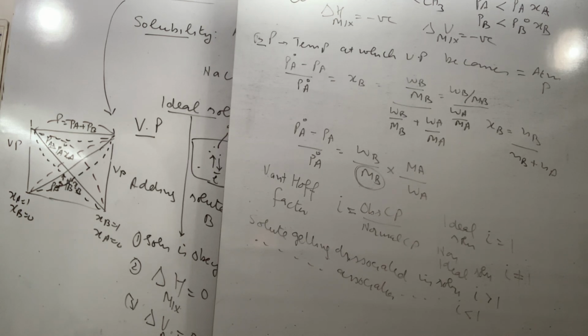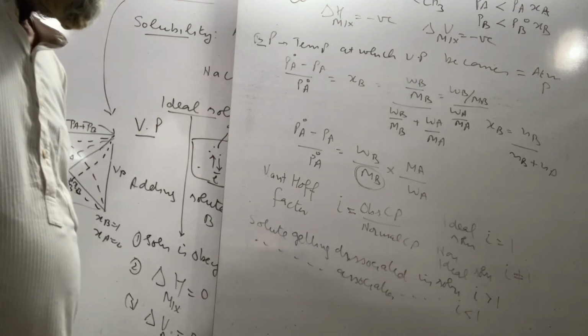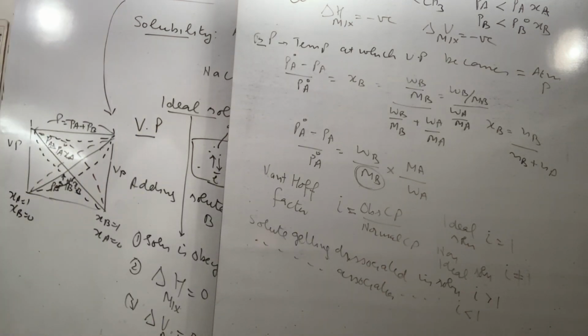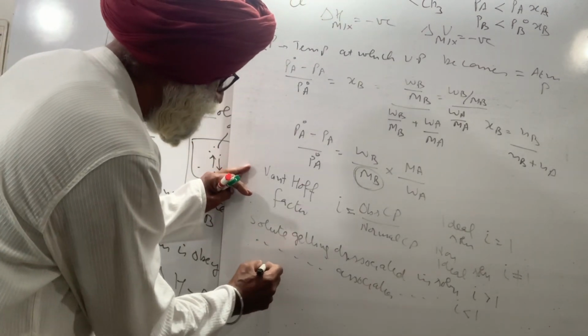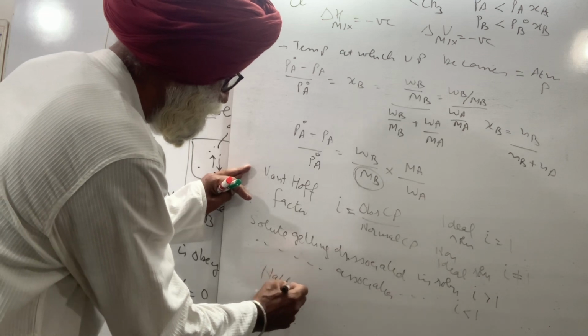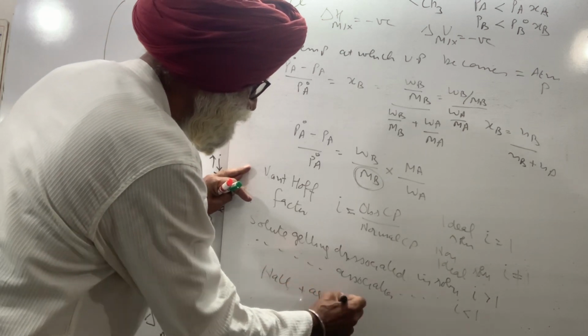In the case of association, we have added say 100 particles and they have associated, say dimerization has taken place. Now in solution they are 50. So I will be less than that. So non-ideal solutions have a van't Hoff factor not equal to 1. For example, let us take the case of sodium chloride.